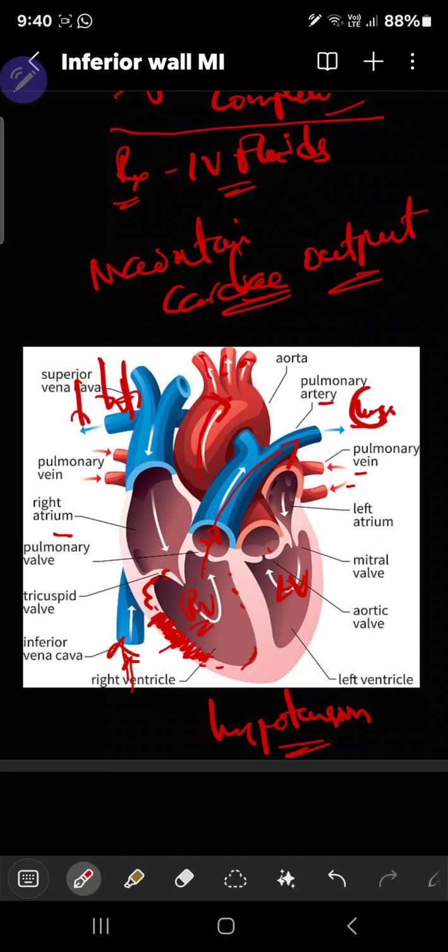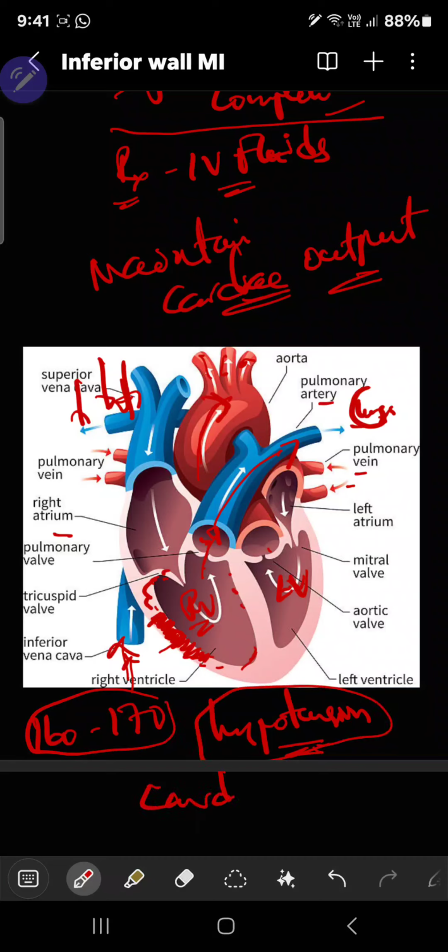If you don't give fluids, because of the reflex, the left ventricle will be contracting rigorously, and the heart rate may go up to 160 or 170, and with this persistent hypotension, the patient may go into cardiac arrest.